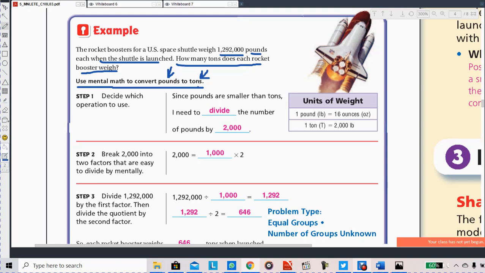So you have to divide. You have to divide here because you're converting from a small unit to a big unit. Divide by what? Divide by 2,000 because 1 ton equals 2,000 pounds.